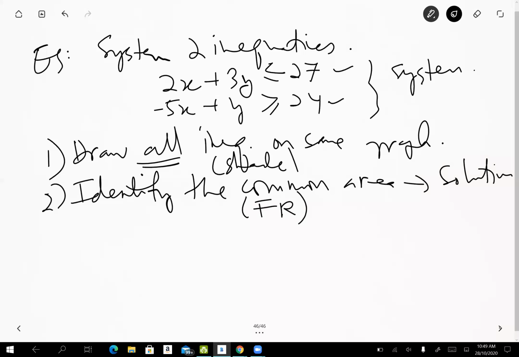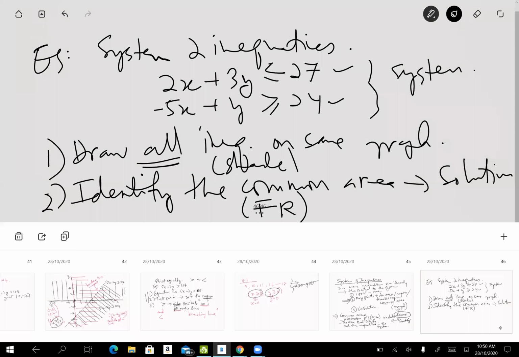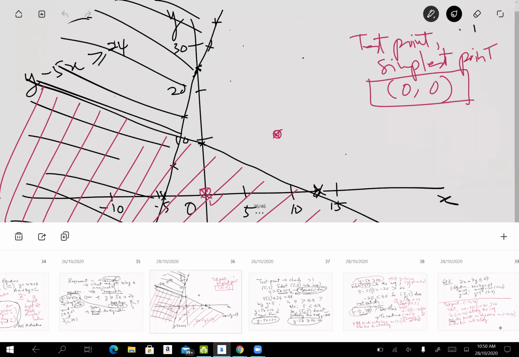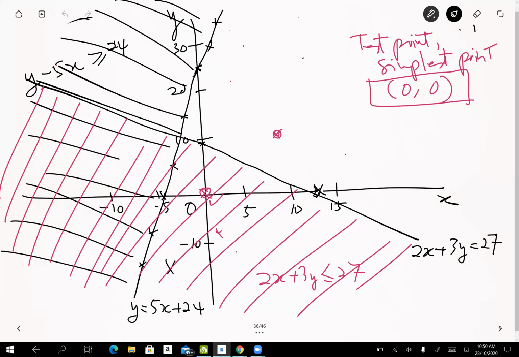Is there an area that satisfies both inequalities? Or is there not? If there is not, then that means there is no solution. So let's look at the graph. Okay. Now, can we see a common area or there is no common area?